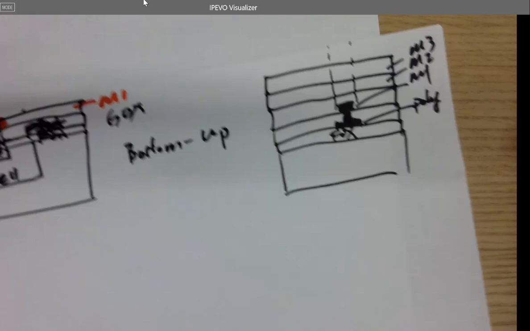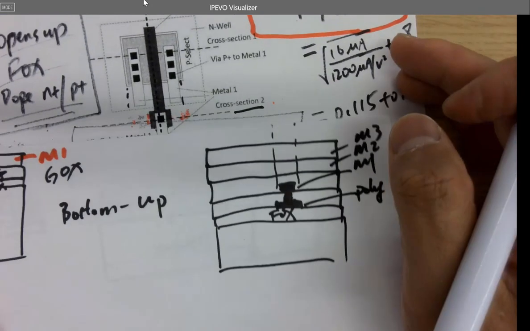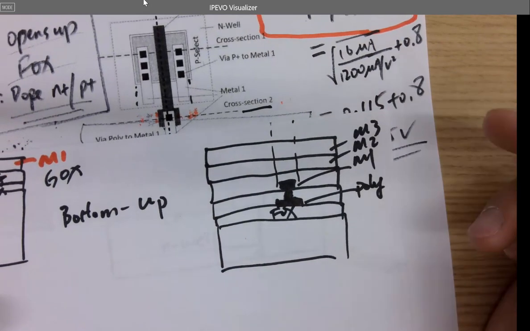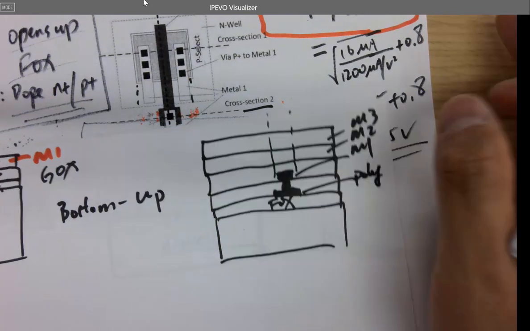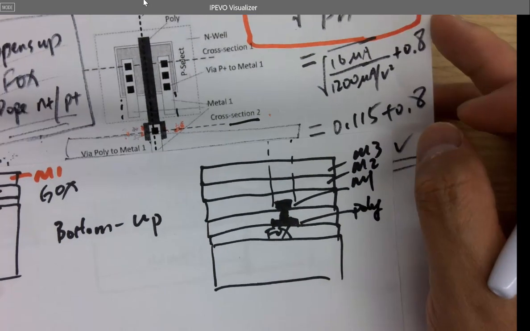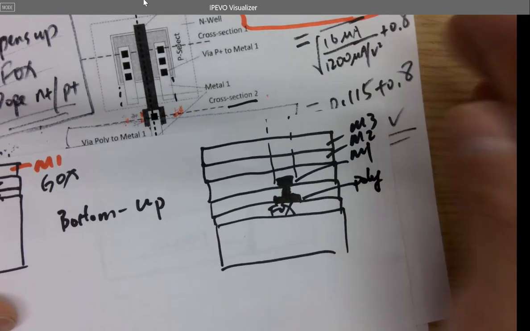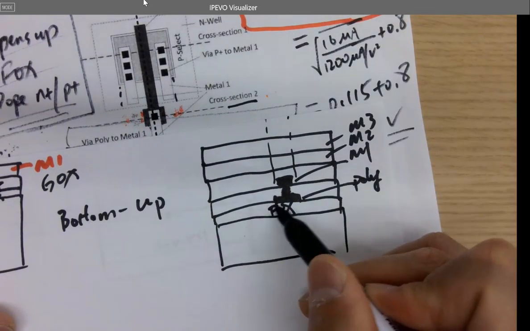Block FOX, what does that mean? What do you mean by block? Not the active open. And the FOX is actually very thin.